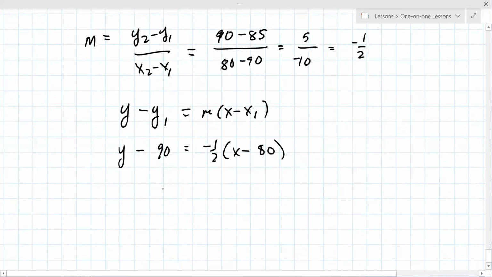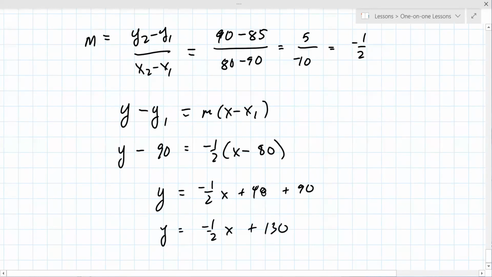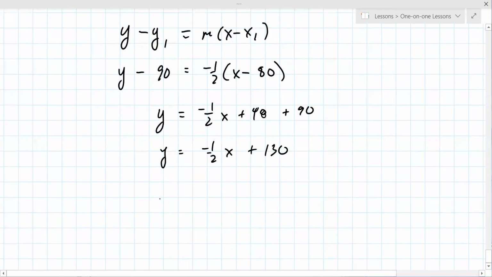And then we can solve this for y. So y equals minus 1/2 x plus 40, I'm just distributing this in, plus 90. So y equals minus 1/2 x plus 130. And our yield equation is x times minus 1/2 x plus 130.